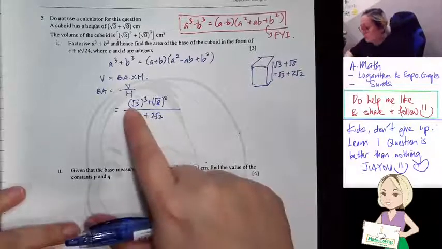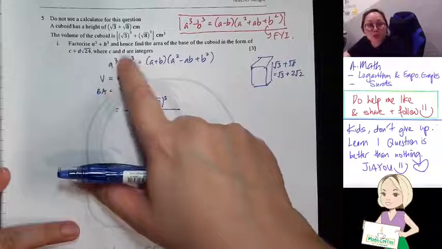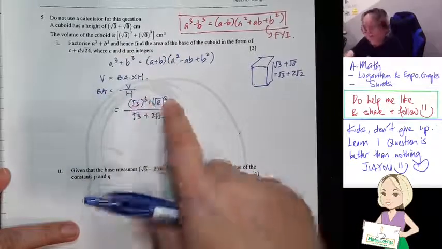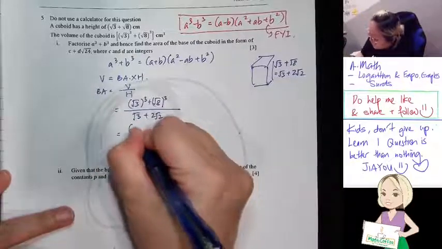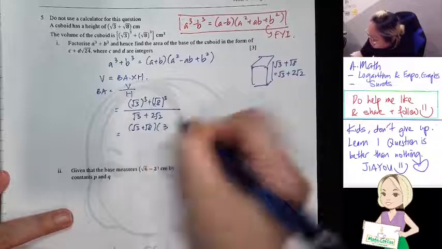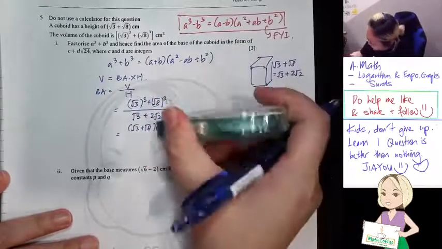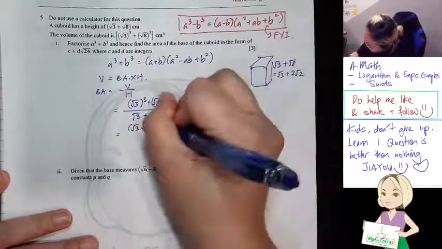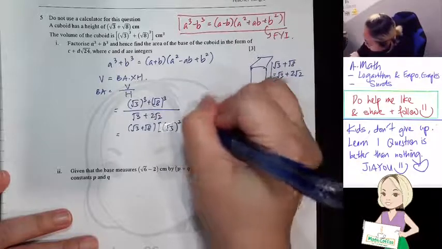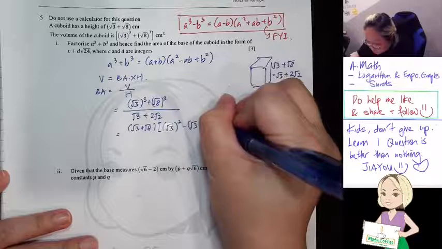So first, if you notice, the numerator a cubed plus b cubed is actually this one. So we're going to make use of this factorization to factorize the numerator. So it will be a plus b, a square, which is 3. Then I'm going to put this one: square root 3 square minus square root 3 times 2 square root 2.